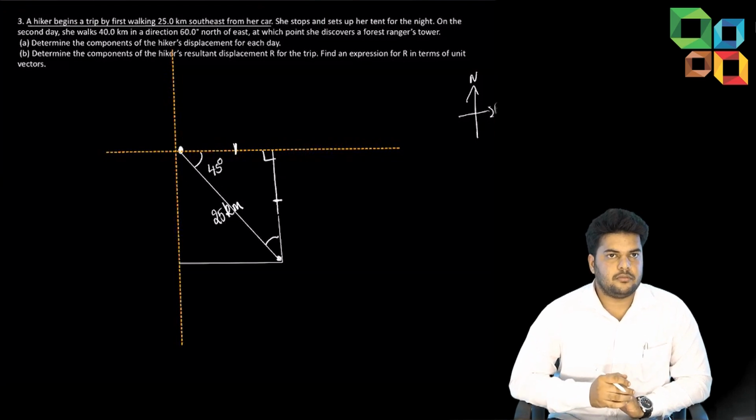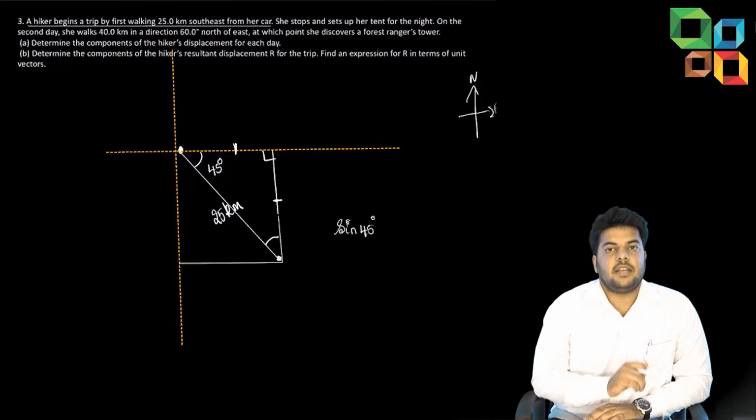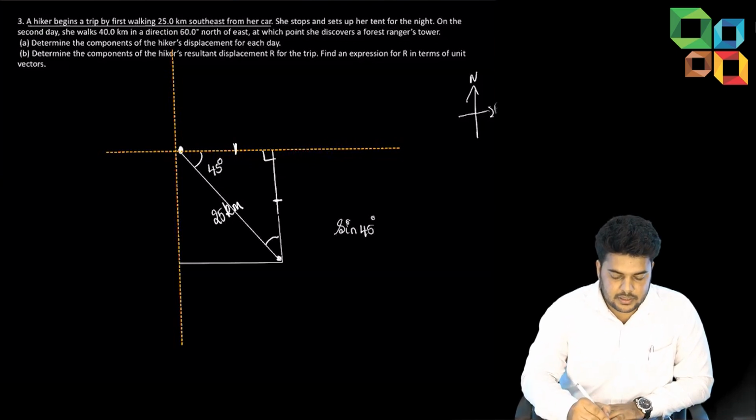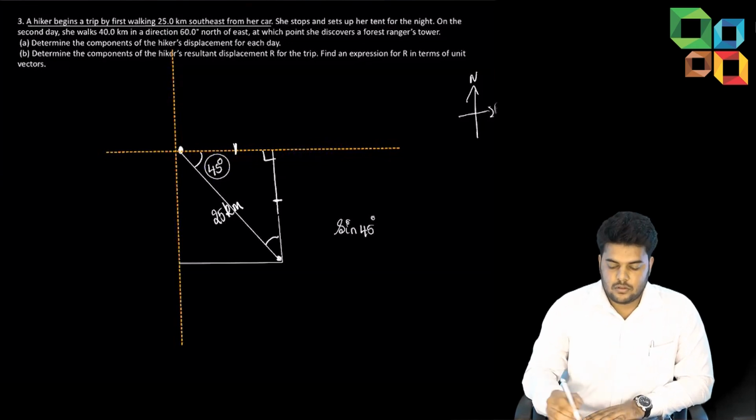Trigonometry is just a shortcut for you. All right, so let's take the ratio sine 45. Sine 45 means what? Where is the 45 degrees? Here's the 45 degrees. Sine of 45 degrees is what? 1 by root 2.